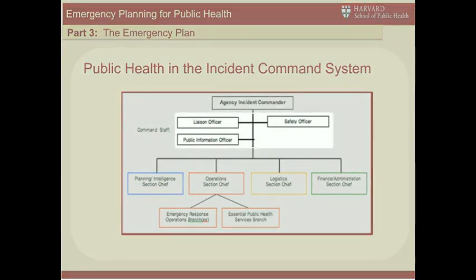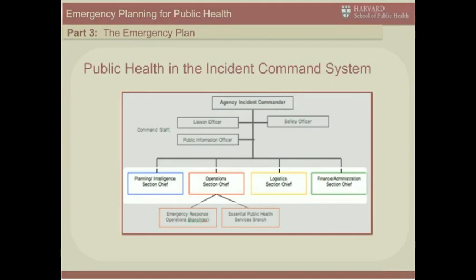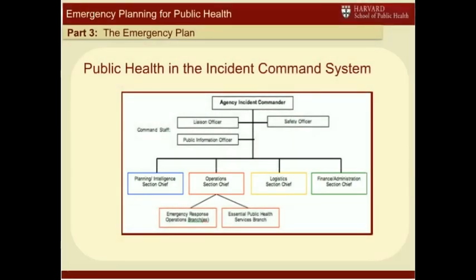The 4 chiefs are responsible for, respectively, planning, operations, logistics, and finance and administration, and support the incident commander's response goals and objectives. In emergency situations, the local jurisdiction's fire chief, police chief, or town manager most commonly will assume the lead role as incident commander.